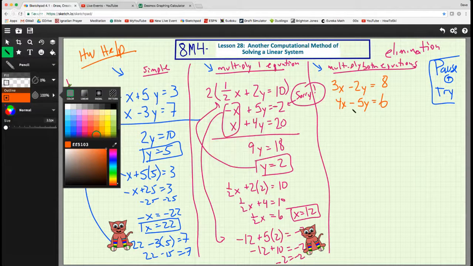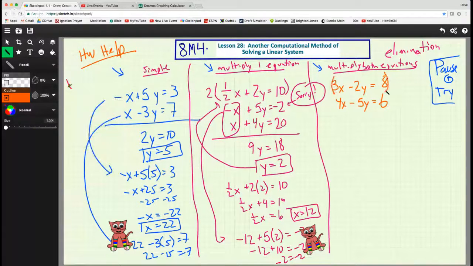On this last one, we want to eliminate x's. So we'll multiply our top equation by the bottom coefficient of x, and our bottom equation by the top coefficient of x, and we're going to use a -3. Remember, because they're both positive, one of these has to be negative and one positive so that we get the correct elimination.